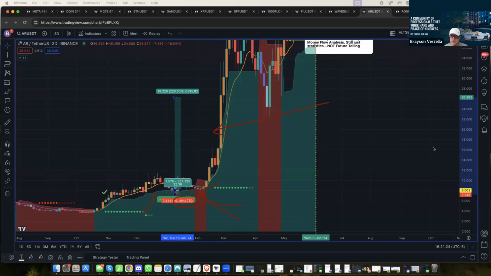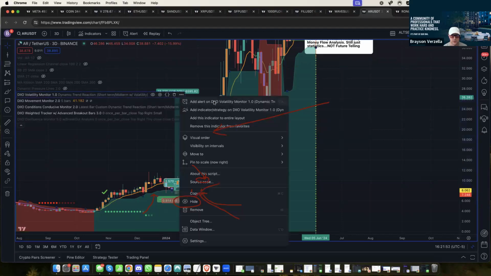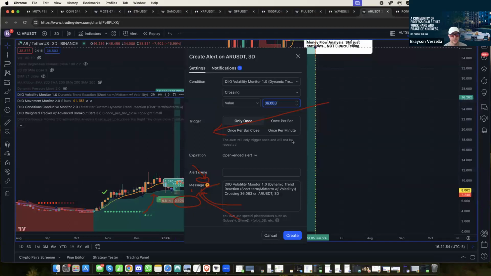So that's a little bit of what to expect, right? This would be a place where we'd have to have a little concern that it's a resistance, much like the pressure lines. Is the price going to be able to breach that 3-day volatility cloud line? I was talking to Markel quite a bit about setting alerts here. You could actually go in and instead of watching it, you could literally go over here and set an alert around the volatility cloud.